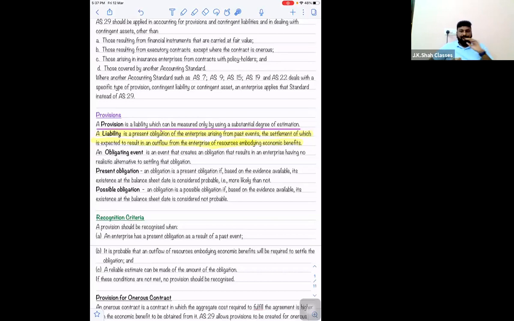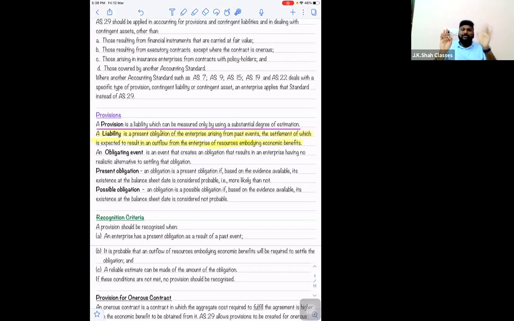Please understand. If I make a small timeline, here I can say probable, here I can say remote, right? If the outflow of resources is probable, then it is no more a contingency. Rather, you have to create a provision for the same. But when the chances of outflow of economic resources to settle an obligation are remote, remote means very little chance that you have to pay something from your pocket to settle the obligation.